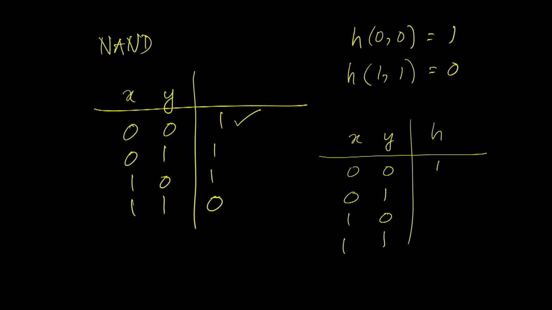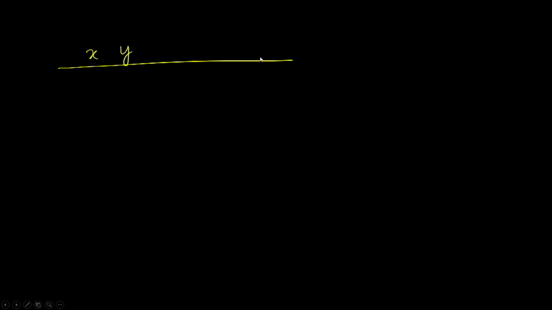The first entry is 1 and the last entry is 0. Now there are two possibilities, the two vacancies. These vacancies can be filled in 4 different ways. So let us consider all those 4 possibilities.